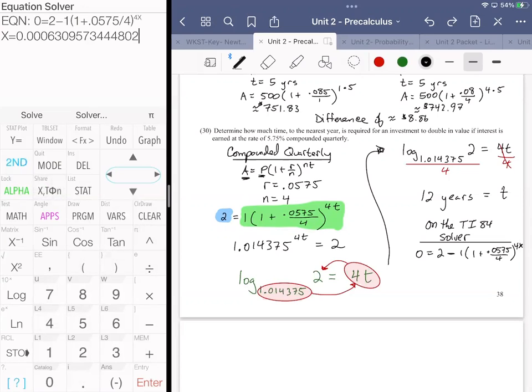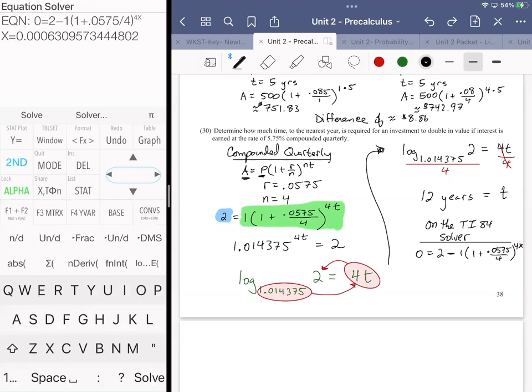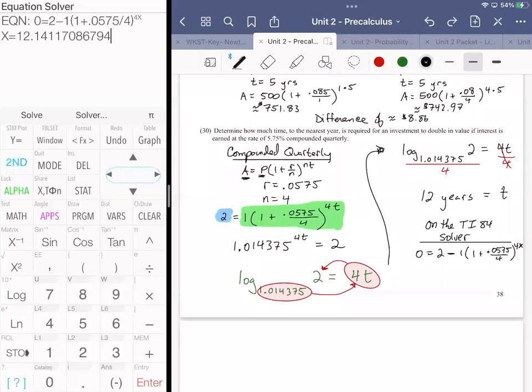So I pop it in, I hit down or enter, and then alpha, enter, and it'll solve for me. It says X is equal to 12.14117086794, which is the calculator's way of telling us, oh, that was looking pretty good too.